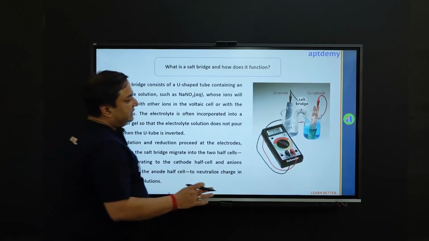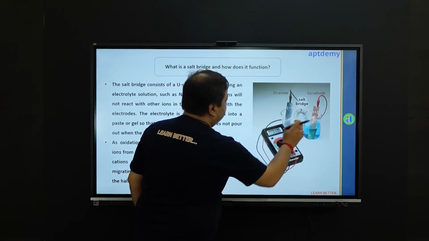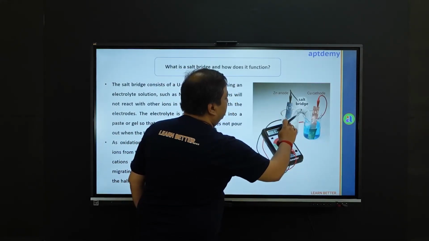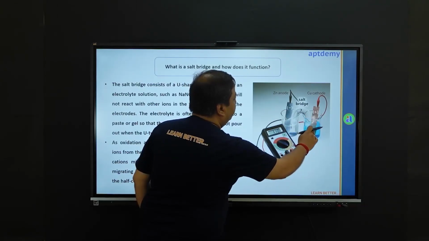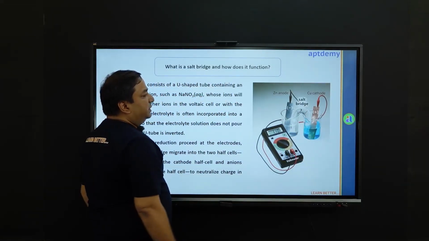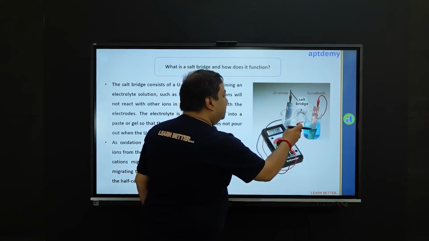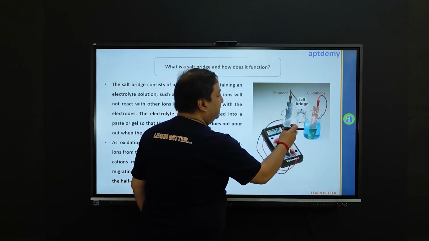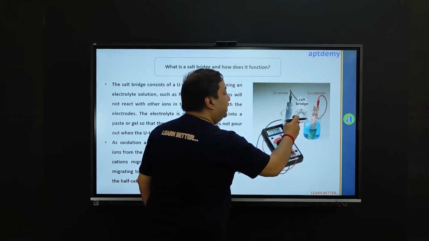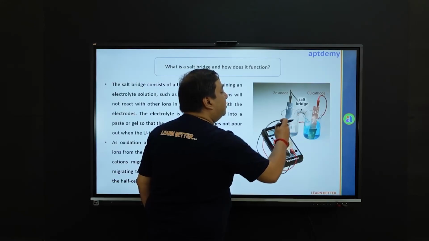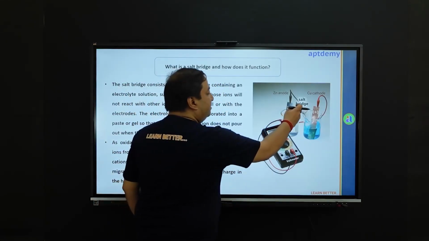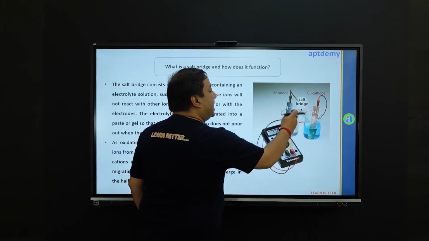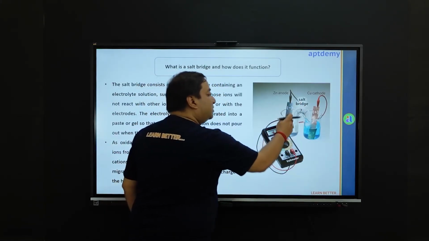So now let us think that the oxidation and reduction are proceeding at these two electrodes. Over here we are having the oxidation of zinc, and over here we are having the reduction of copper. So zinc ions are being introduced in the solution, producing an excess of positively charged ions inside the solution. So to counterbalance that, we would need from an outside source an excess of negative ions. So the negative ions are now going to move towards the anode. So we can say anions move towards the anode from the salt bridge.